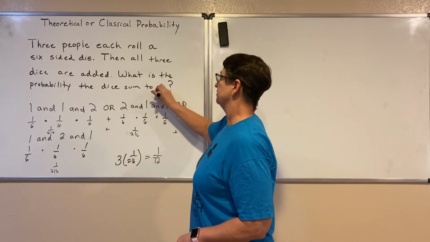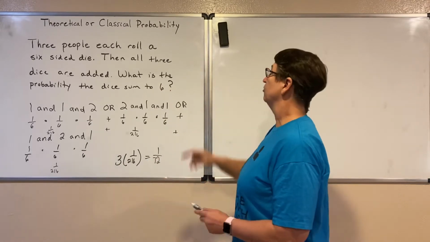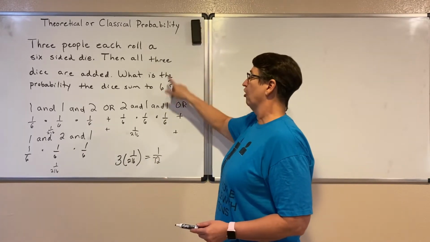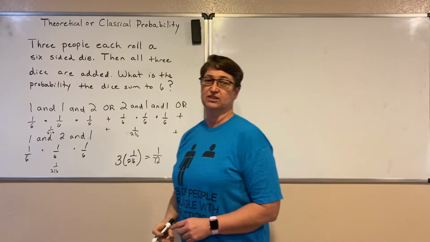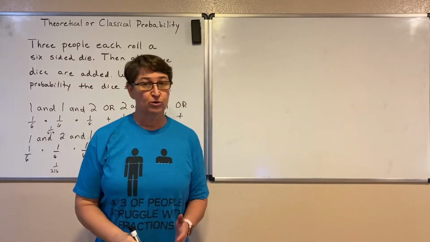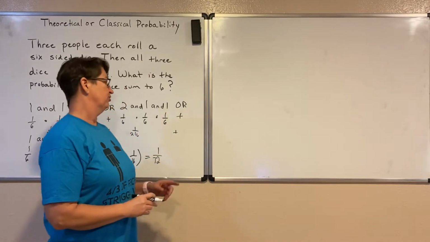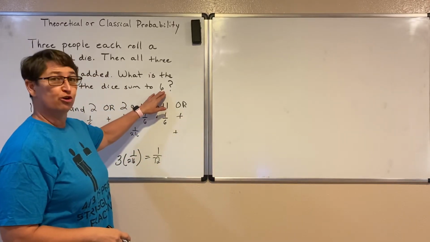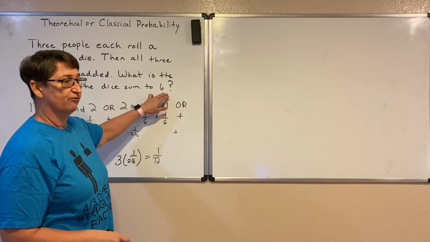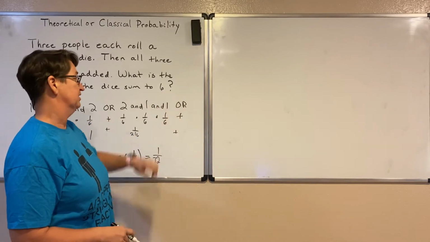Let's sum it to 6. So again, we're going to find all the different ways that we can sum to 6. And the first thing we want to do is put it into words. That's the first thing we want to do. So we've got to come up with all those different possibilities, all the different ways that we can sum to 6.